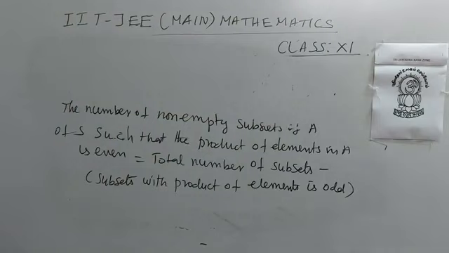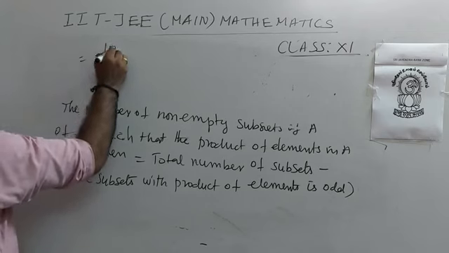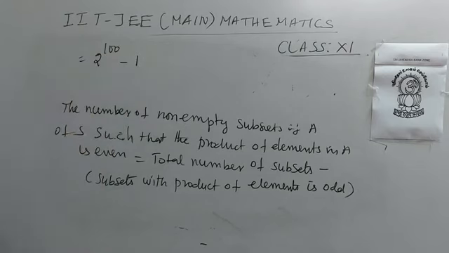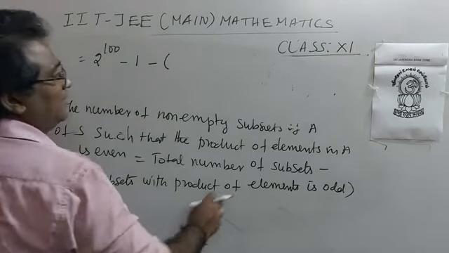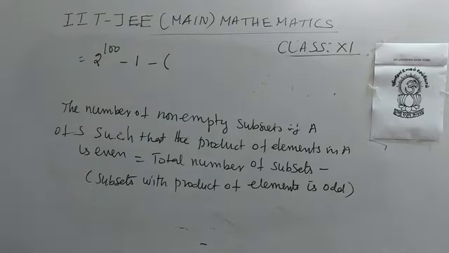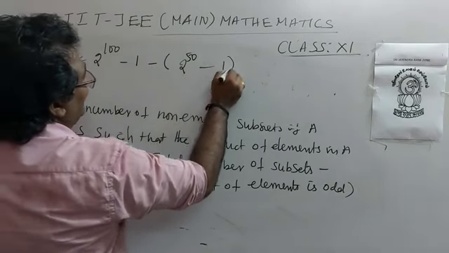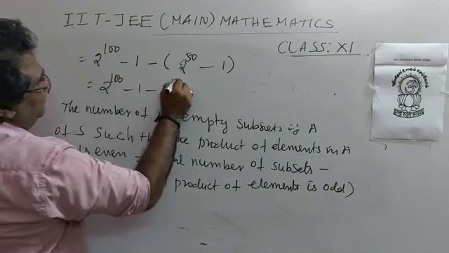So the total number of subsets is 2 power 100, but for non-empty subsets you have to subtract 1, because the empty set is one of the subsets. Then subtract the subsets whose product of elements is odd. Fifty elements will give an even product, and 50 elements give an odd product. Here also we take 2 power 50 after eliminating the empty set. So 2 power 100 minus 1 minus 2 power 50 plus 1.